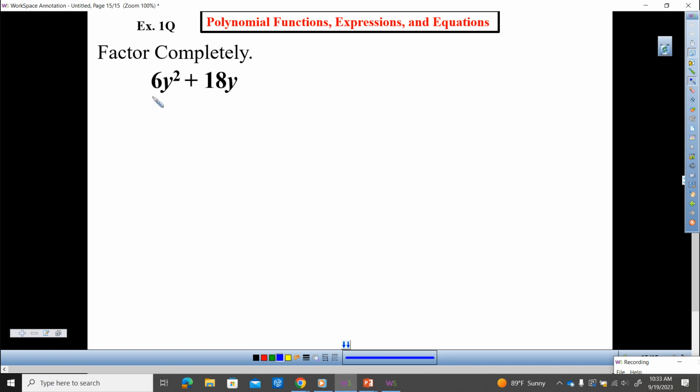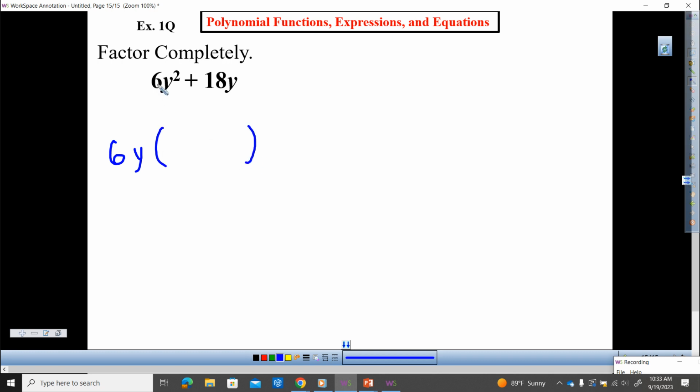All right. Here we go. What number divides 6 that divides 18? 1. How about 2? Yes. How about 3? Yes. How about 4? 5? 6? Yes. So let's write 6. Do both of them have at least 1 y? Yes. All right.